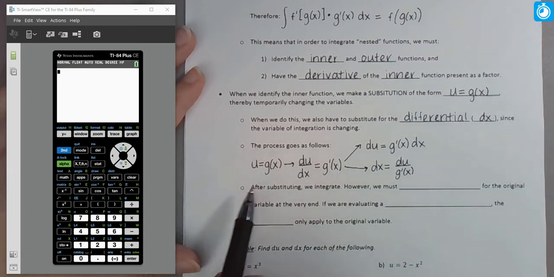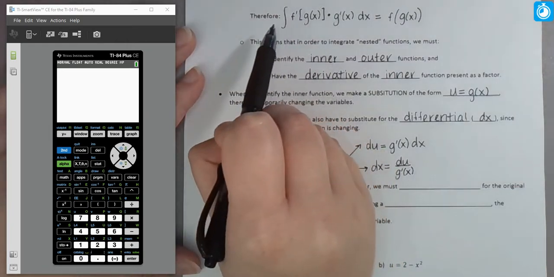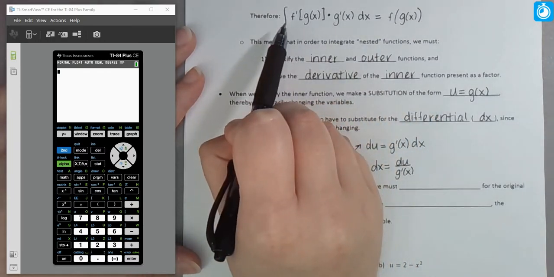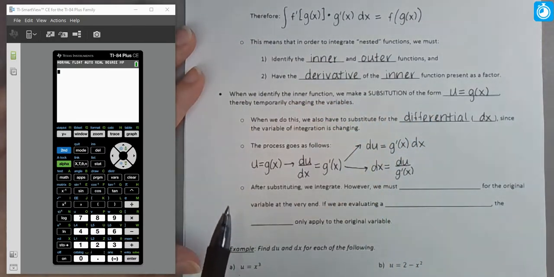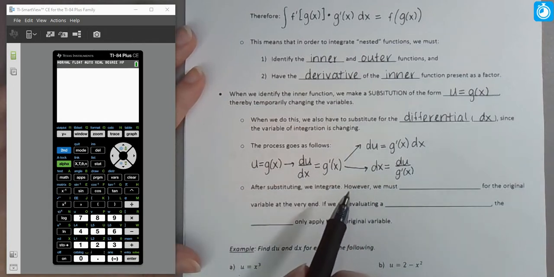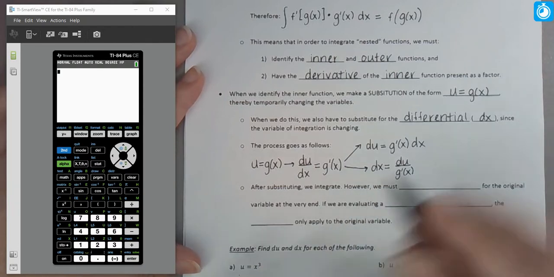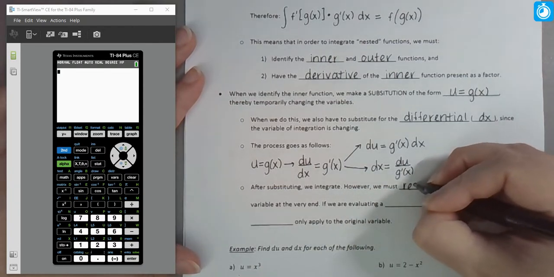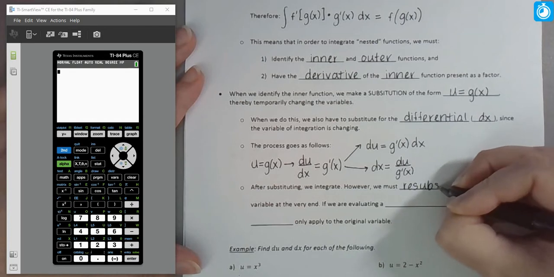So after substituting, we're then able to integrate, because ultimately we will have simplified our more complicated antiderivative problem so that it's now in terms of a new variable, but a simpler function with that new variable. However, at the very end, we have to remember to resubstitute for the original variable.